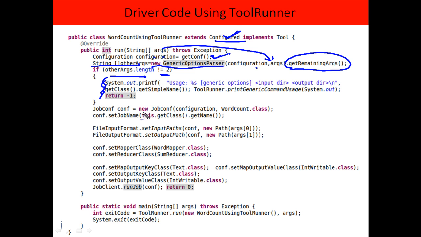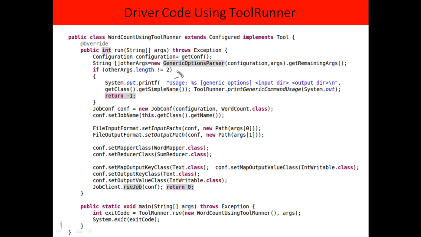Whenever I am creating a job object, I am passing this configuration object, then setting the job name, and the rest are the same, right? Am I setting the number of reducers? No.